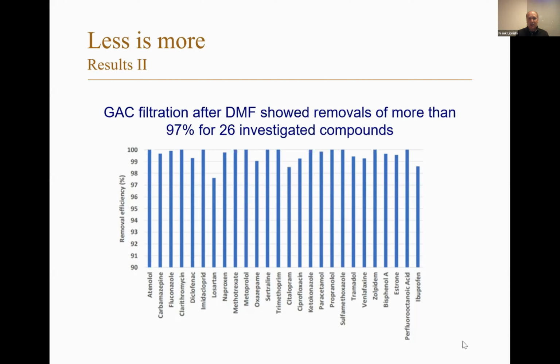And basically what we saw is for 97% of the components, more than 70% removal after the granulated filtration. So we can see that this granulated activated carbon as a final polishing step is a very, very interesting step forward to remove pharmaceuticals from wastewater treatment plant effluents.